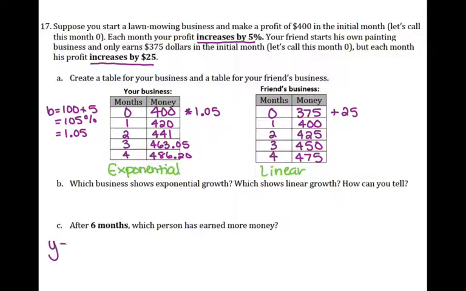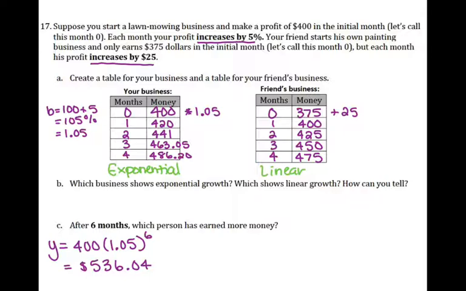So I have y equals a, my initial value, which is 400, times 1.05 to the 6th power. And that is going to give me, let's see, 400 times 1.05 to the 6th, that is going to give me $536.04.